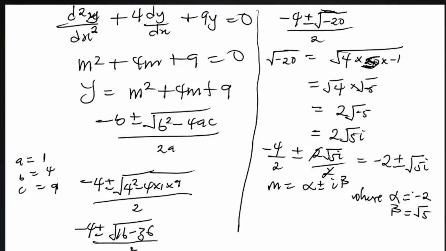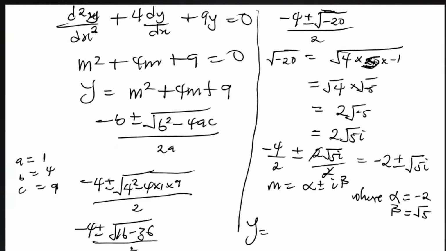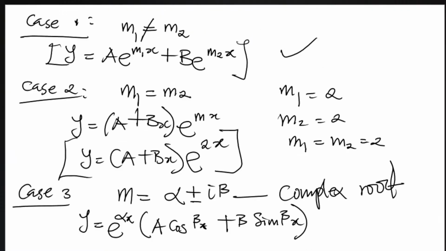So if you represent this with our given equation, we'll simply have that the final solution for your given equation will now be y is equal to, go back to your equation, what are you seeing? Exponential raised to the power of alpha x. So you simply have here exponential raised to the power of alpha, and alpha is minus 2x, into A cos beta x. What's your beta?